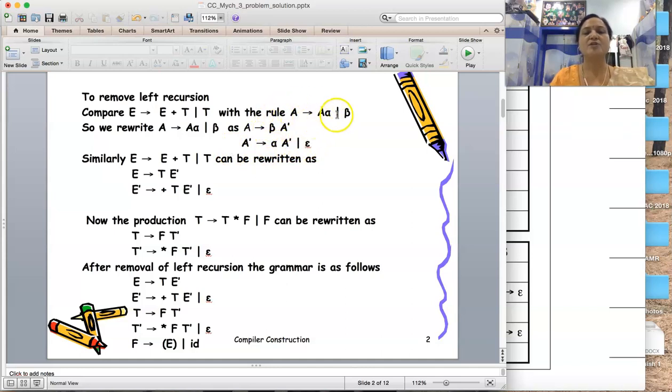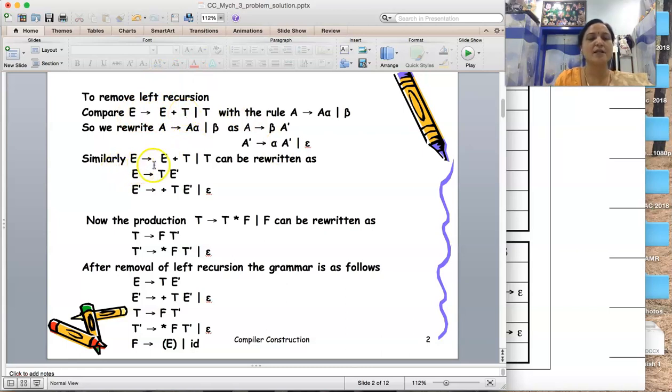And if you see the original production for this A, if I put beta, I am going to get beta alpha, which means I get the same meaning from the rewriting. That is the proof that whatever rewriting you have done is correct, because you have not changed the meaning of the grammar.